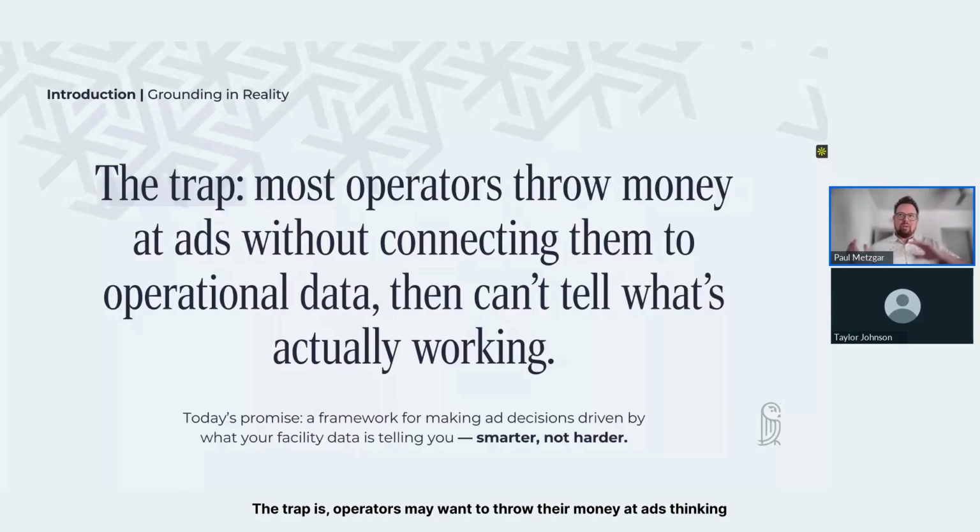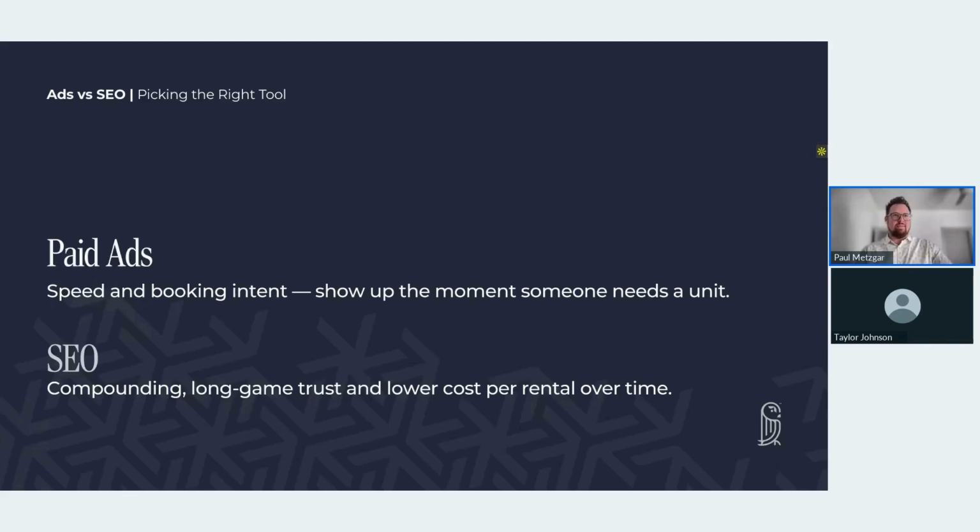The trap is operators may want to throw their money at ads thinking that it's going to bring in those new leads, but unless we're connecting it with their operational data and seeing that actual revenue change, then we're not going to really know what's working. So today is really about having a framework that allows you to make smarter ad choices that are driven by your facility's data. Again, working smarter, not harder.